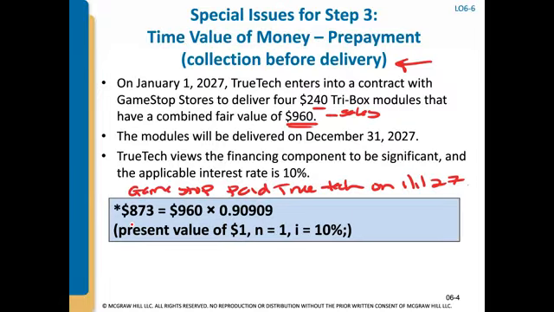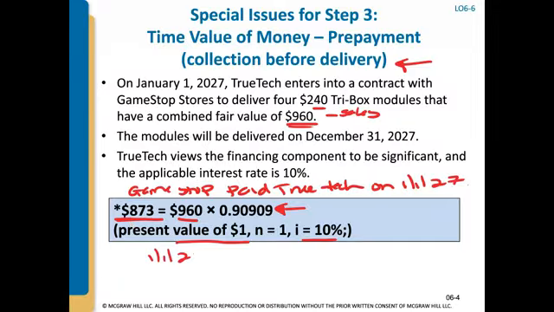So we have to find the present value of $960, and we use the present value of a dollar table. n equals 1 because it's just for 1 year, and the interest rate we're told is 10%. If you're not familiar with present value tables, please see other recordings about the present value of a dollar table and how to calculate that. So the present value of $960 is $873.